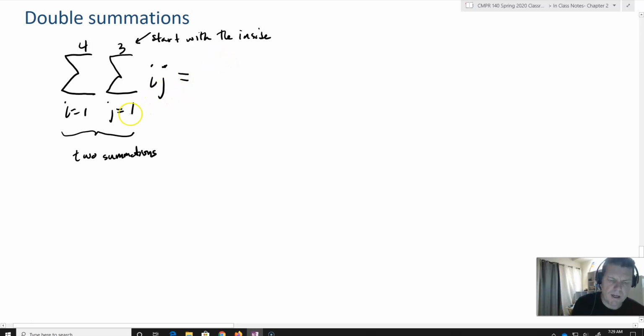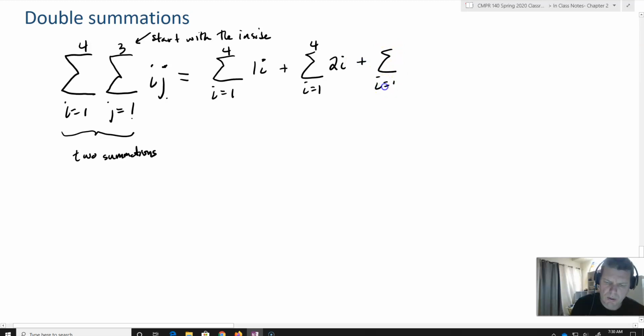So we're going to substitute 1 in for j, and then 2 in for j, and 3 in for j. That means we're going to end up with a sum, i equals 1 up to 4 of, in this case, 1i, that's when j equals 1, plus the sum i equals 1 up to 4 of 2i, that's for j equals 2, plus the sum i equals 1 up to 4 of 3i.